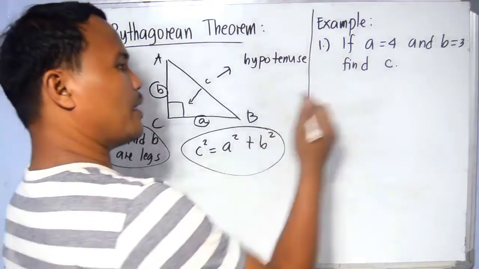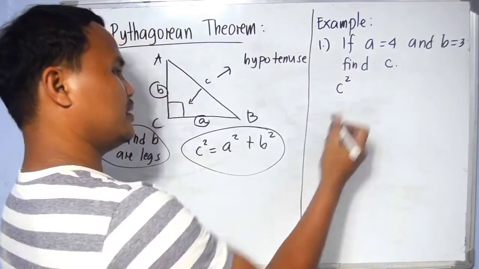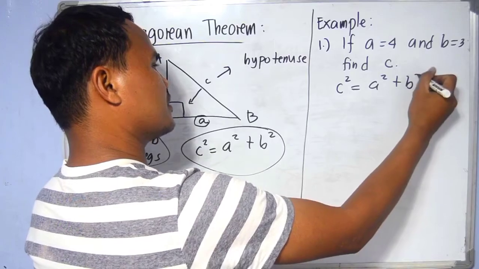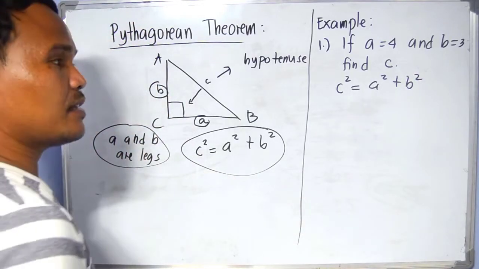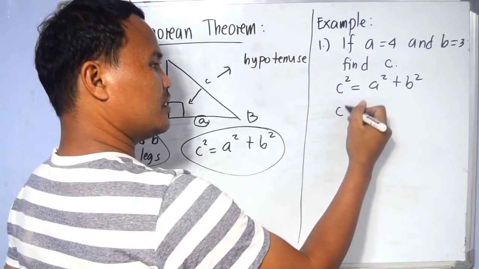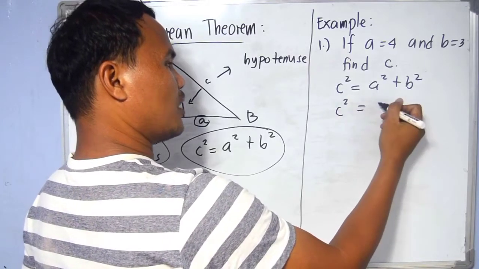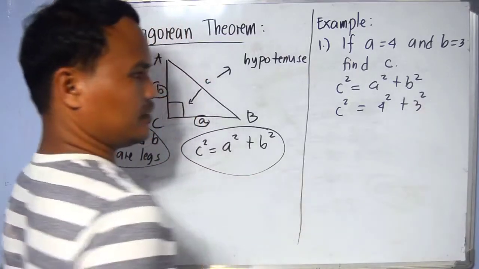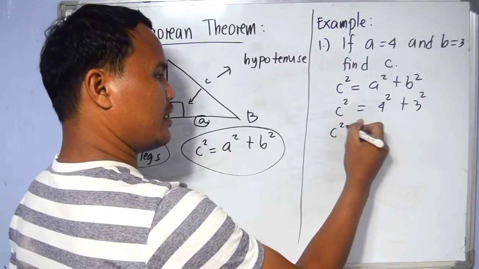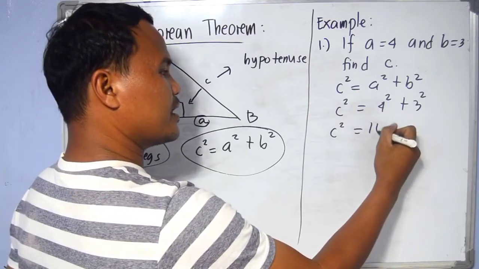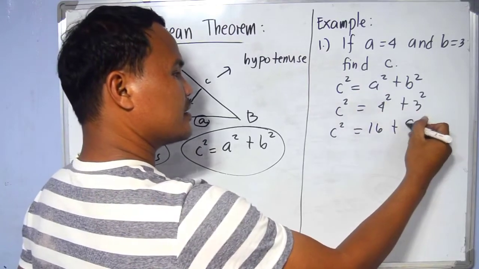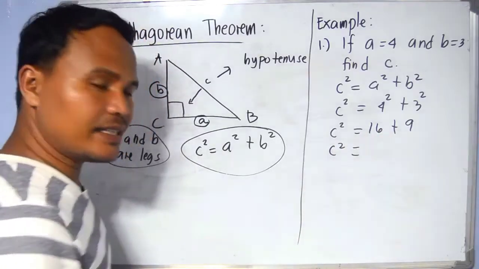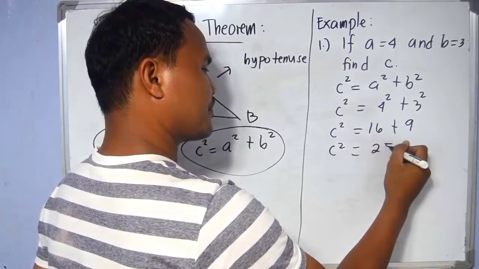By using the formula, we have c squared equals a squared plus b squared. By substitution, c squared equals 4 squared plus 3 squared. Then c squared equals 16 plus 9, which is 25.